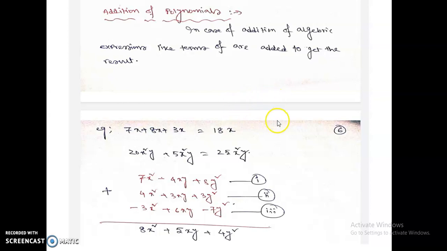Here you can see there are 3 algebraic expressions I have taken: 7x squared minus 4xy plus 8y squared, 4x squared plus 3xy plus 3y squared, and minus 3x squared plus 6xy minus 7y squared.